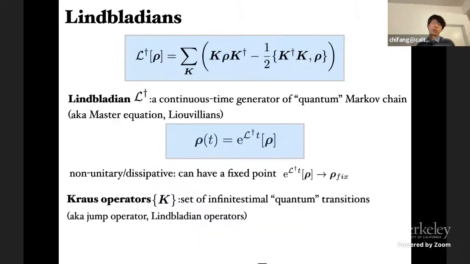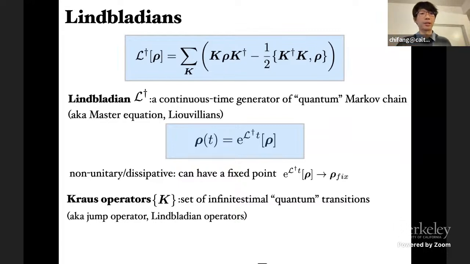To give a little bit more context, these so-called continuous time random walks in the quantum world are called Lindbladians. It takes this general form. You can choose various kinds of operator K that would drive the infinitesimal quantum transitions of your system.